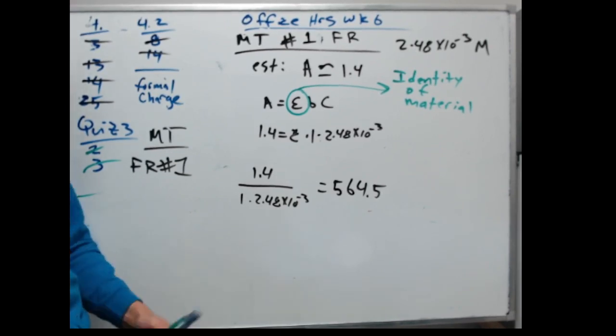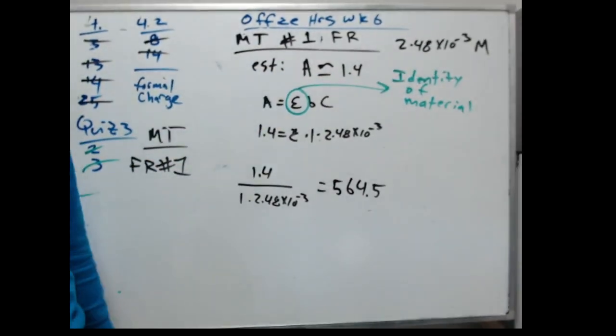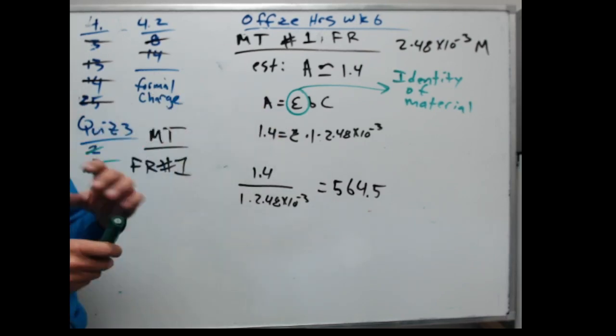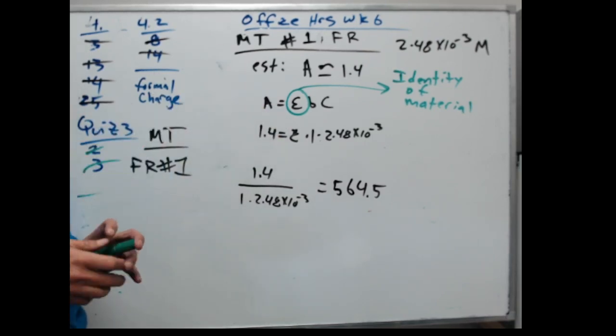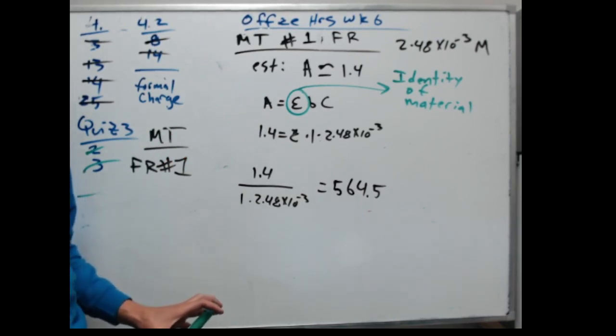It's because when you react, when you add that oxygen in, you're changing the identity of the material. It's like a new material, so it has a new epsilon, and we can see that in the way that its absorption coefficient changes because we've changed the identity of the material. Adding oxygen in doesn't change it dramatically, just a little shift over, a little shift down, but it does change it.